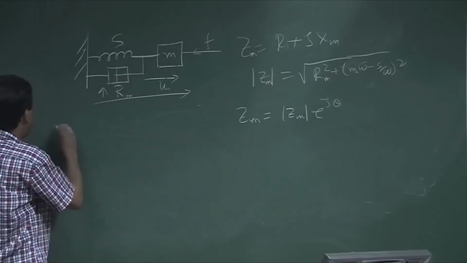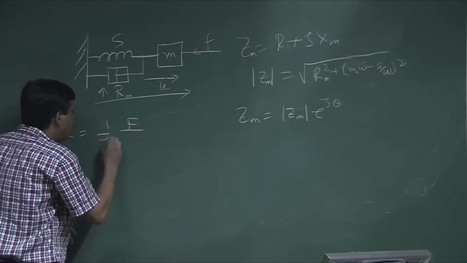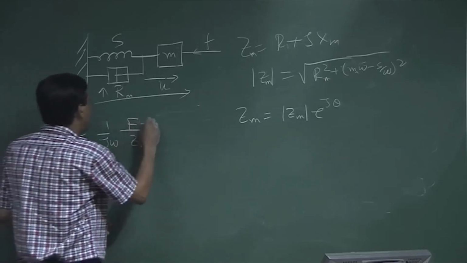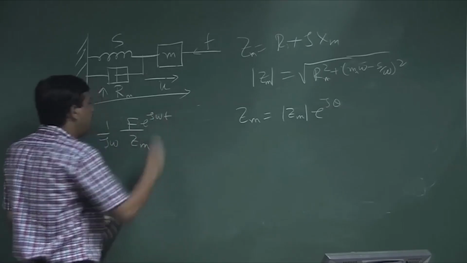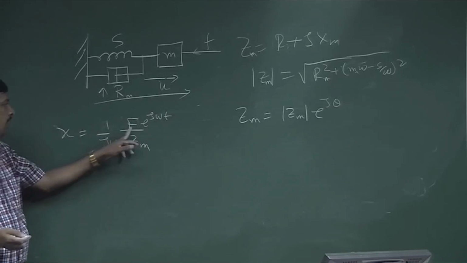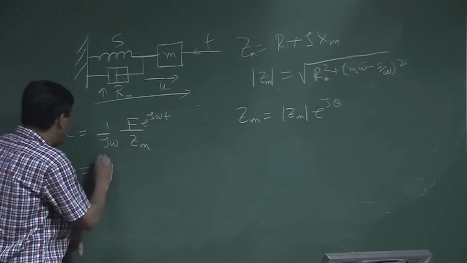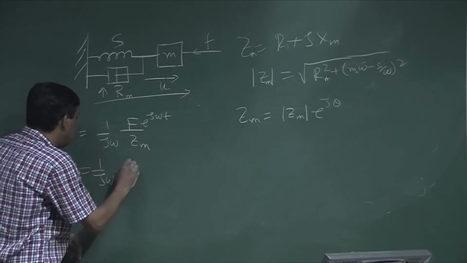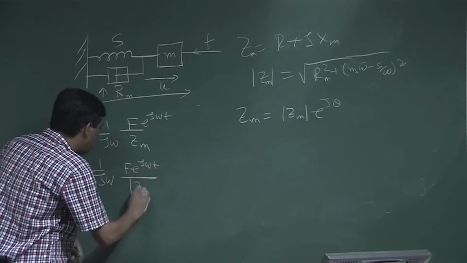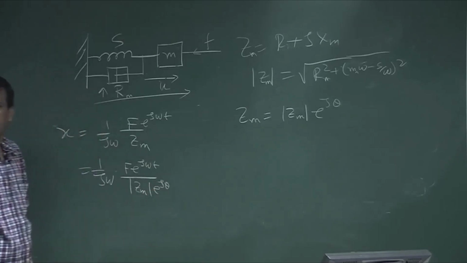I said x is nothing but f by 1 by j omega Zm into e to the power j omega t. This is the x: 1 by j omega, f into e to the power j omega t divided by Zm. So instead of Zm, I can write j omega f e to the power j omega t divided by mod of Zm into e to the power j theta.